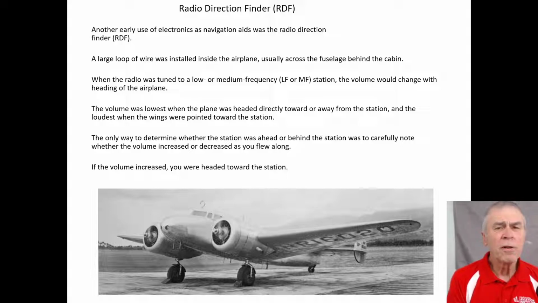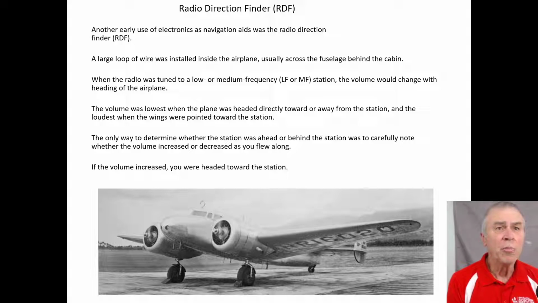I think it was discovered a little bit more by accident when they were listening to a broadcast. They would notice that depending on the orientation of the aircraft, you could either get a strong or no signal. So they basically used that and incorporated it so that you do not have to be going in one direction.